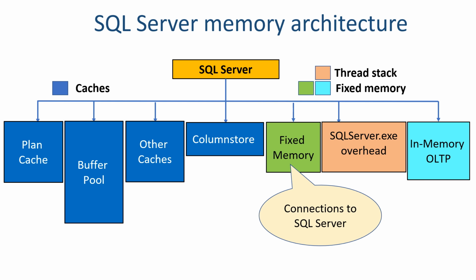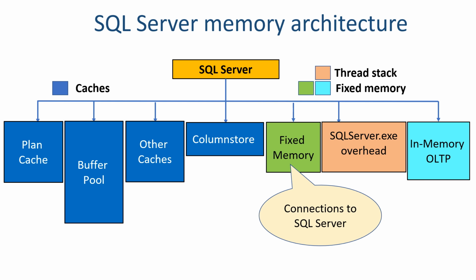Then the SQL Server will request these other caches, which you are seeing in the blue color, because these are the major caches and they can be easily expanded and shrunk when there is a memory pressure. So when there is a memory pressure inside the fixed memory, SQL Server will request these caches to release those objects out of the memory and send them to their backing systems.